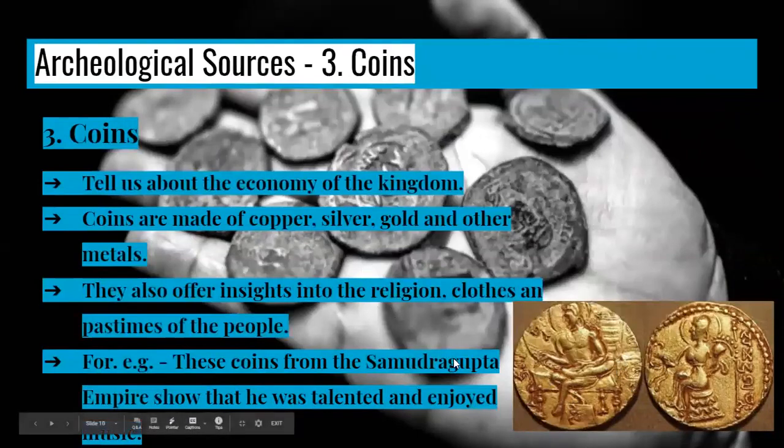That's how we get to know that apparently he enjoyed music. And you see the script. The coin must have some script, so historians get to know what kind of language was used, and it helps them to correlate with other things that they have found in the region. So coins also offer very interesting insights.